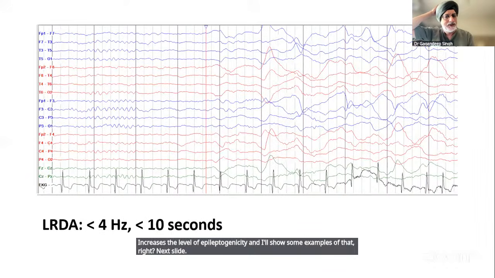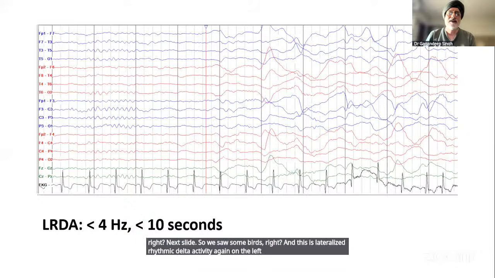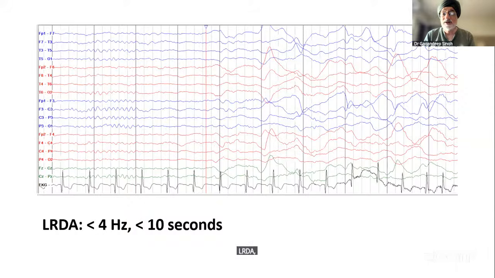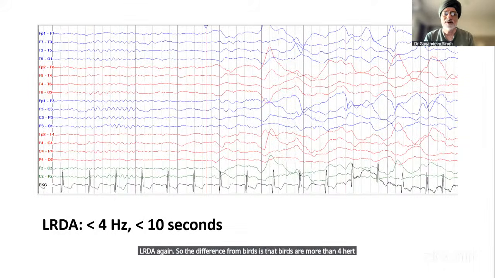So we saw some BIRDs, right? And this is a lateralized rhythmic delta activity. Again, on the left side, you can see it suddenly begins and probably ends on the next page, right? So this is LRDA again. So the difference from BIRDs is that BIRDs are more than 4 hertz. This is less than 4 hertz.